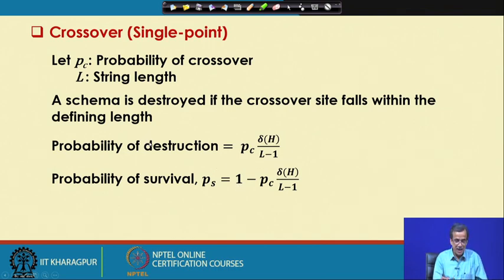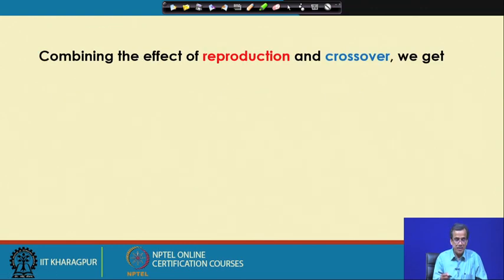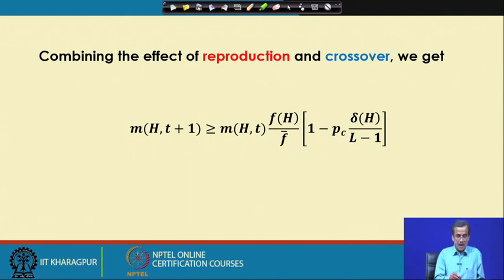Now, if I combine this with whatever we got through reproduction, that means, if we combine the effect of reproduction and crossover, we will get the updating rule, that is M H t plus 1 is greater than or equal to M H t multiplied by F H divided by F bar, this part we have already seen, multiplied by the probability of survival, that is 1 minus P c multiplied by delta H divided by L minus 1.